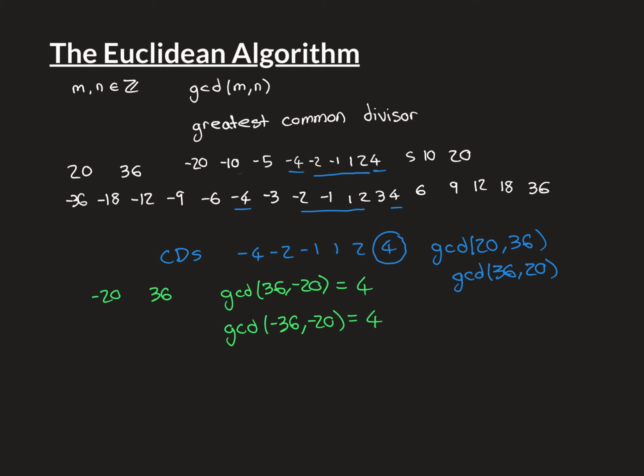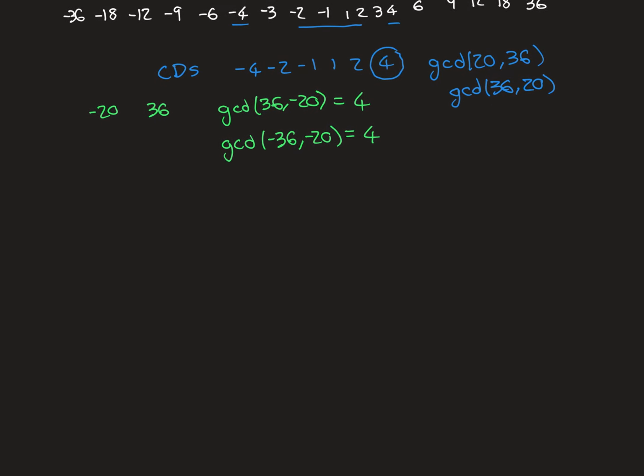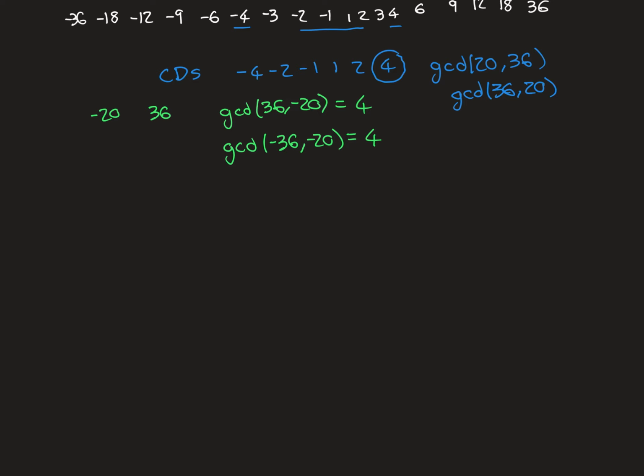The Euclidean algorithm is a much cleverer method for finding the greatest common divisor of two integers. So I'm going to illustrate how to do this firstly with the example of 36 and 20, and I'll show you that you get 4 with it. And then we'll talk about the reason this actually works. And it's beautiful, the reason this works. I really, really like this.